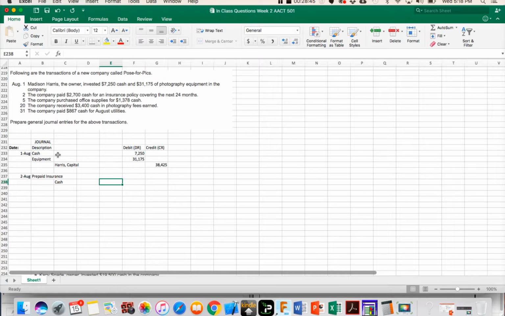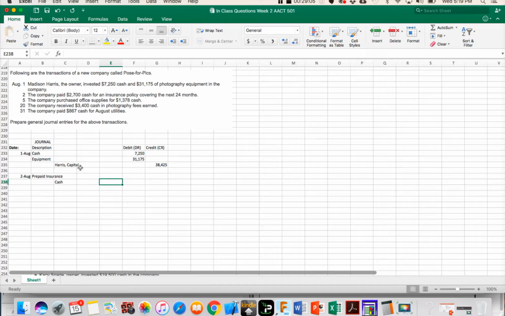So what does that mean, or how is that relevant to this scenario? Well, if you know that cash and equipment are involved, and you can think logically, okay, I'm adding cash and equipment to the company, so those accounts should go up. That's a debit because those are on the left side of the basic accounting equation, and I want them to go up.